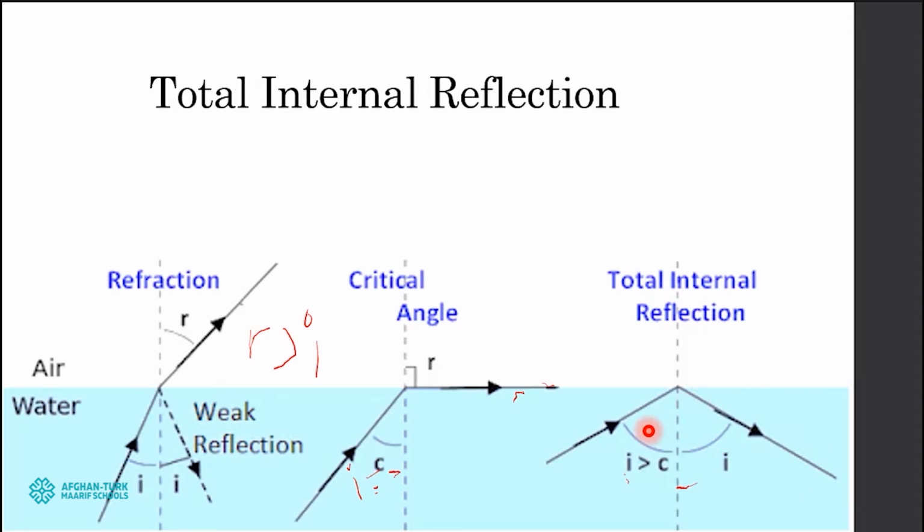It means the light does not refract or travel into the other medium. It is reflected back in this denser medium. This is called total internal reflection. When total internal reflection occurs, the angle of incidence is greater than the critical angle.